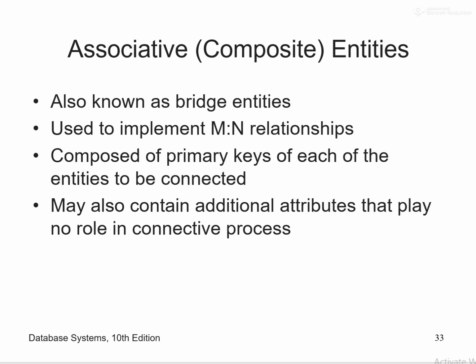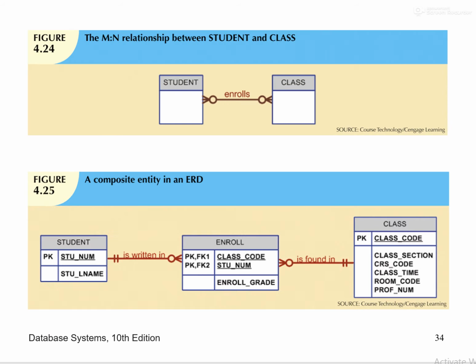Like here we have an example, student and class. Student enrolls in class. This is a many to many relationship. Now in order to implement this many to many relationship, we need a bridge entity or associative entity.